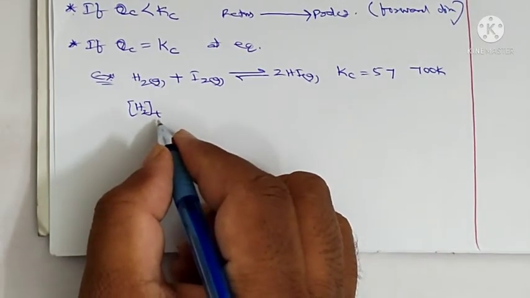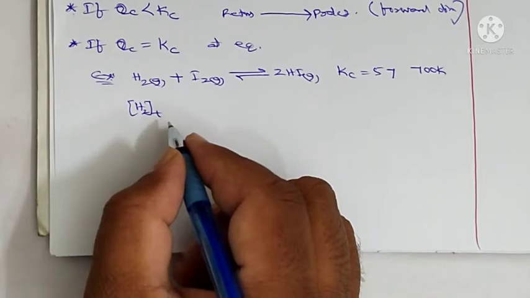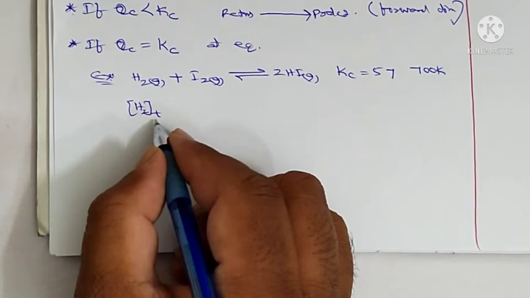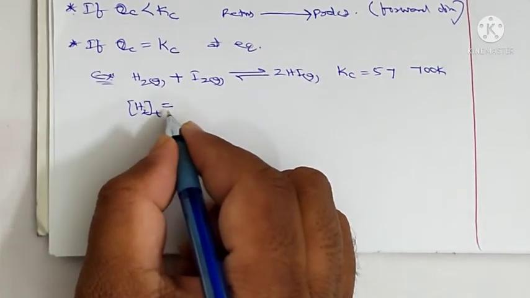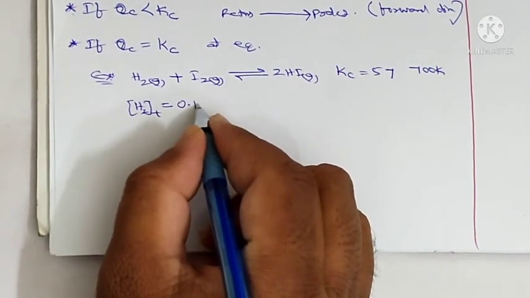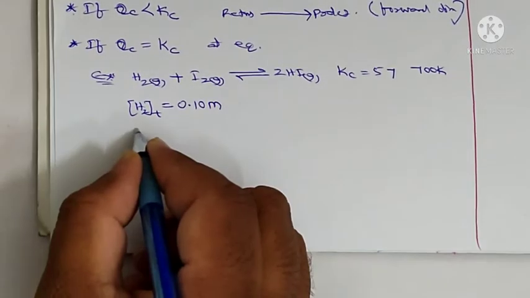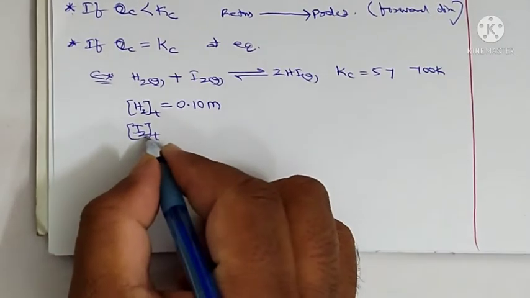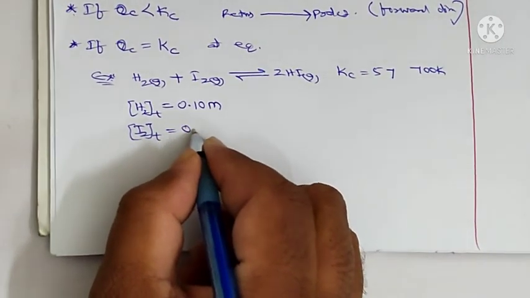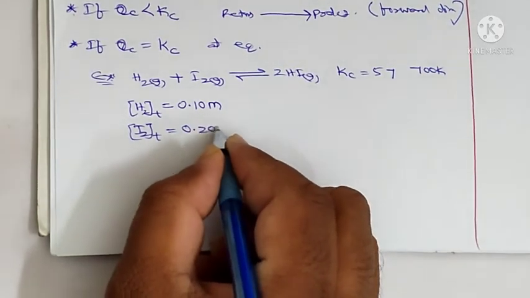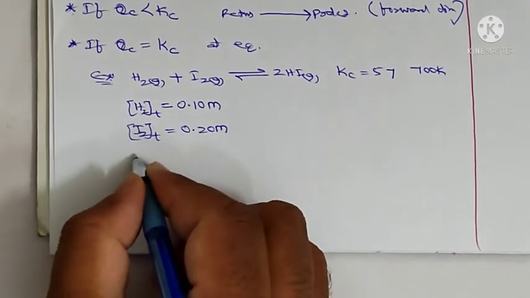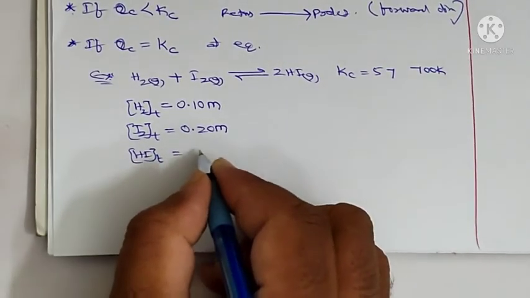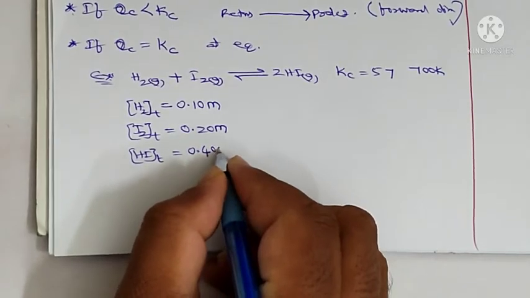The subscript t indicates concentrations measured at a certain time. So H2 concentration at t is 0.10 M, I2 concentration at t is 0.20 M, and HI concentration at t is 0.40 M.